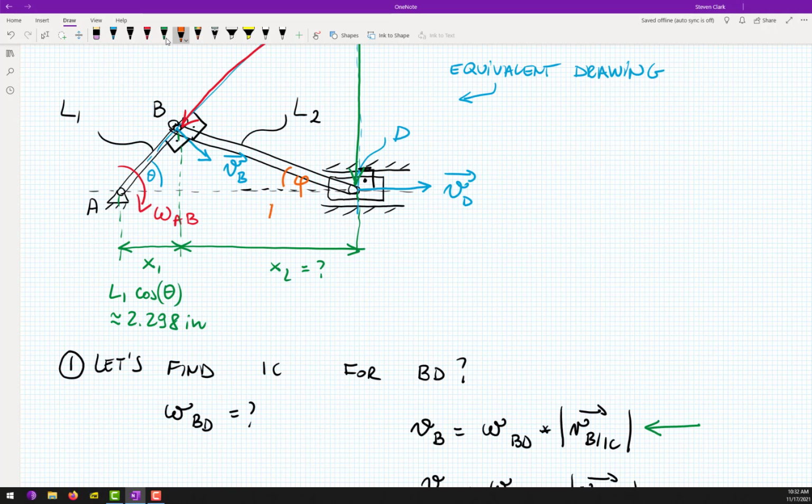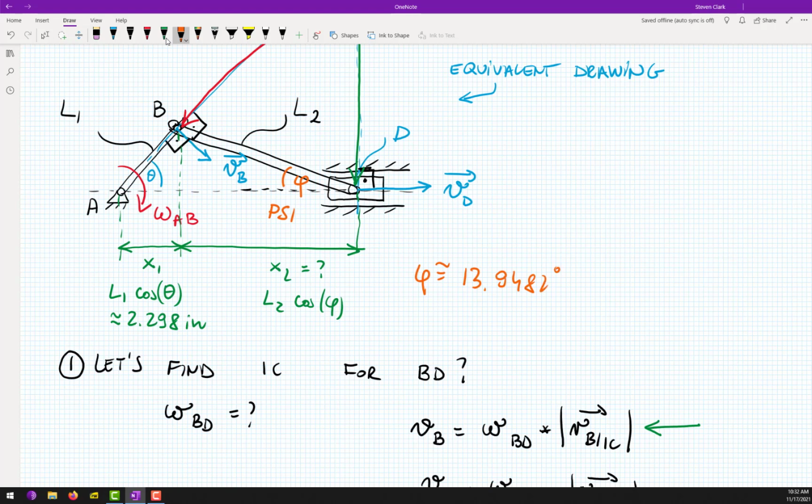So x2 will be L2 cosine psi, and on Friday we found that psi is approximately 13.9482 degrees.